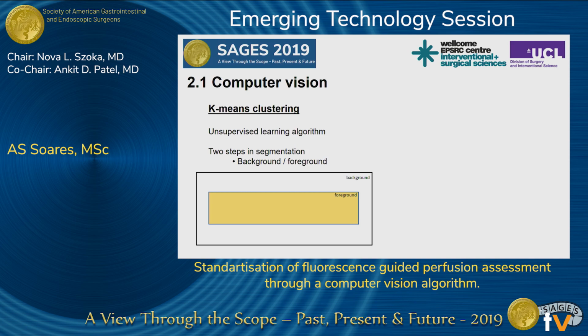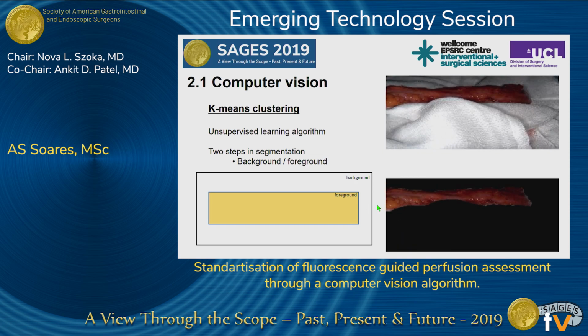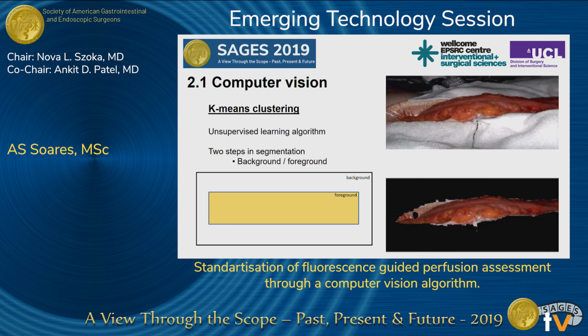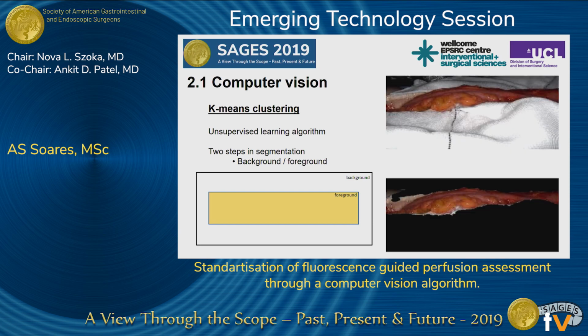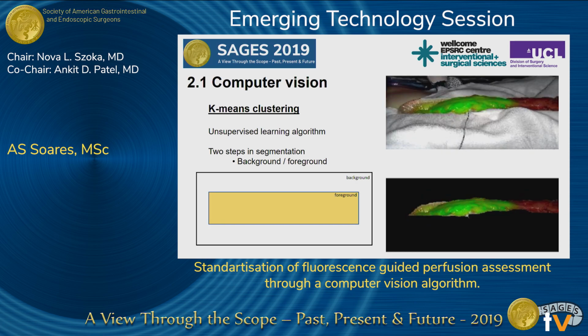So we use the k-means clustering algorithm. This is an unsupervised method, which means that we don't use labeled data as inputs. This is applied in two steps. For segmentation, first we see background and foreground segmentation, which looks like this. So we can see on the top the raw input image, and on the bottom the result of the background-foreground segmentation.